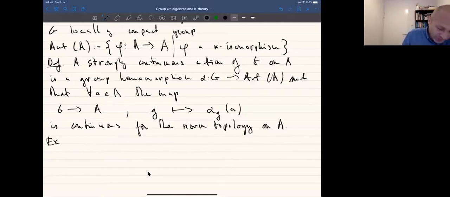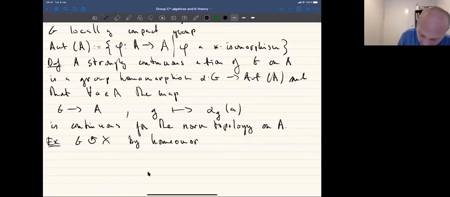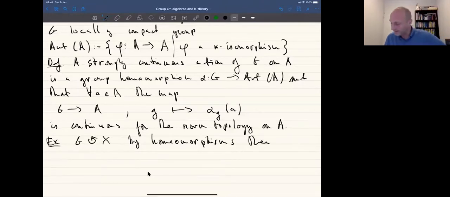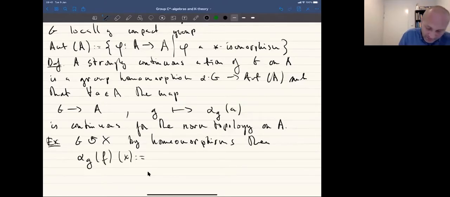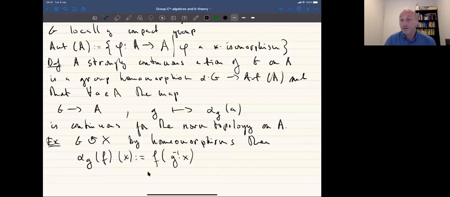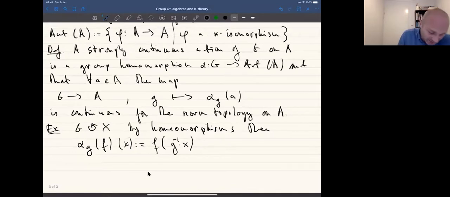And of course, again, the example from commutative land that you need to keep in mind is that if G acts on X by homeomorphisms, then alpha g f of x defined by being f of g inverse acting on this x, that's a strongly continuous action of G on C0 of X.